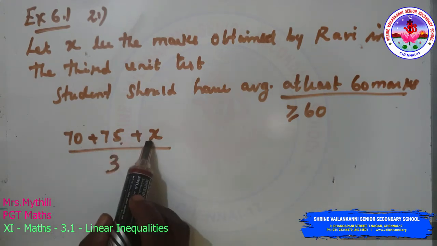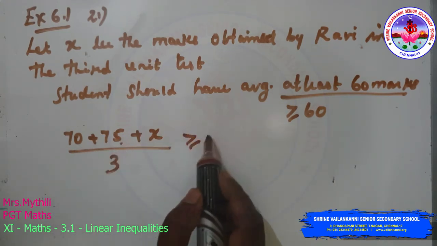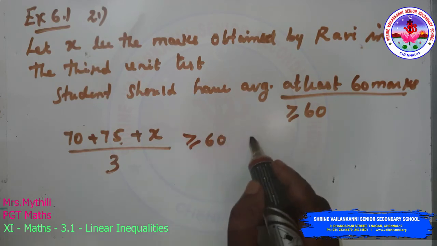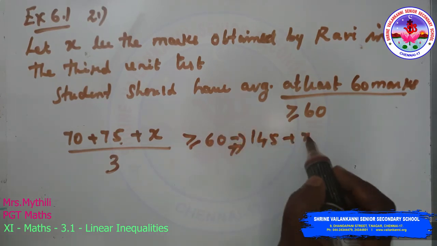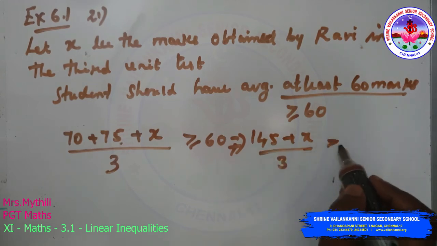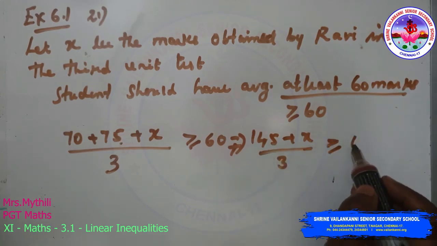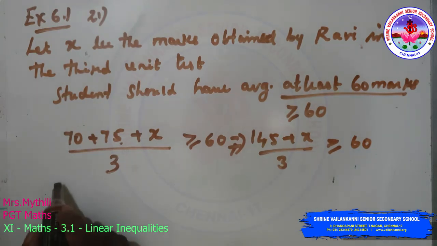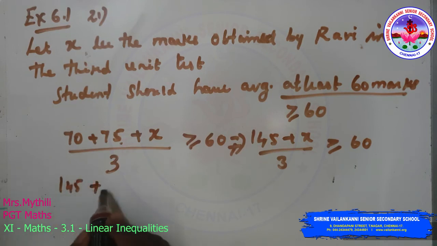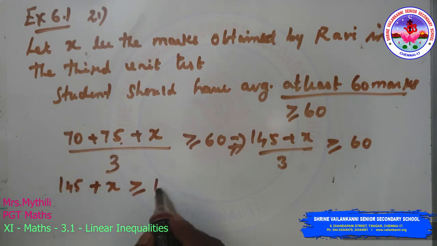So (70 plus 75 plus x) by 3 greater than or equal to 60. So (145 plus x) by 3 greater than or equal to 60. Multiplying by 3 on both the sides, we get 145 plus x greater than or equal to 180.